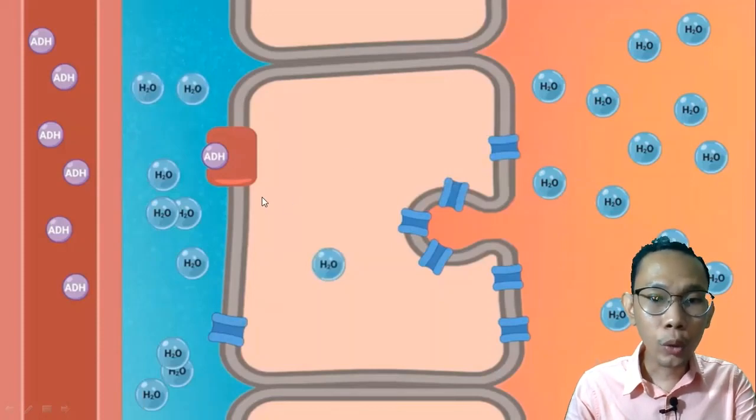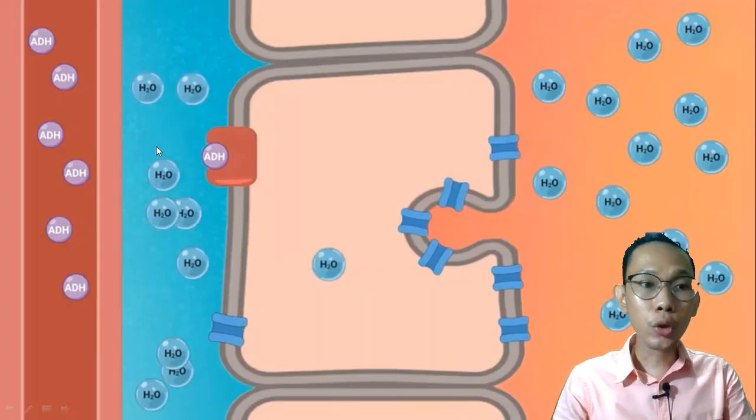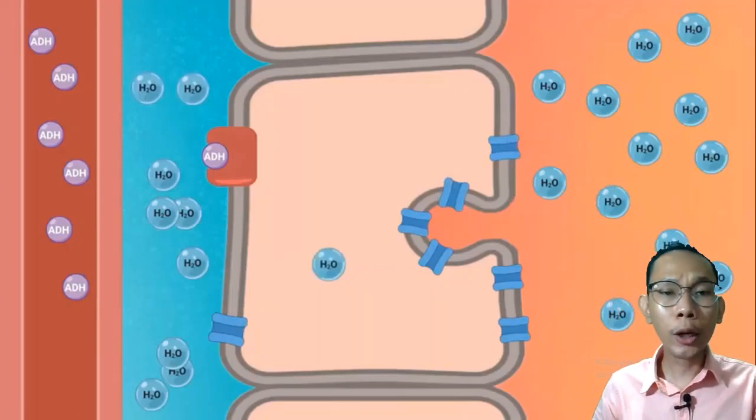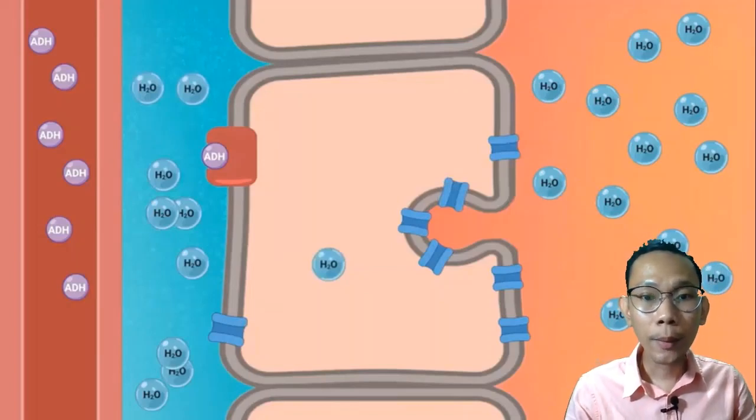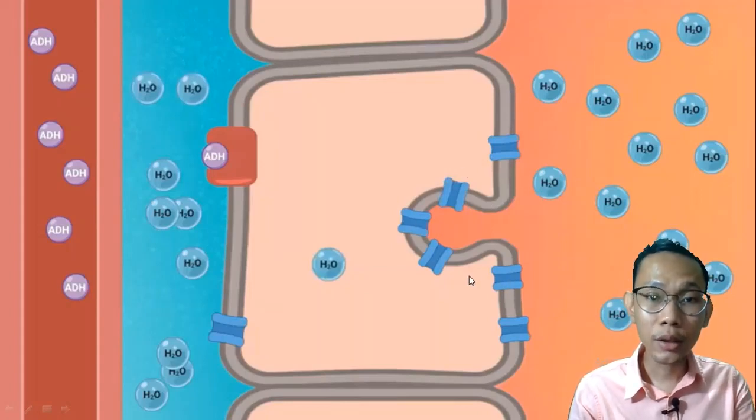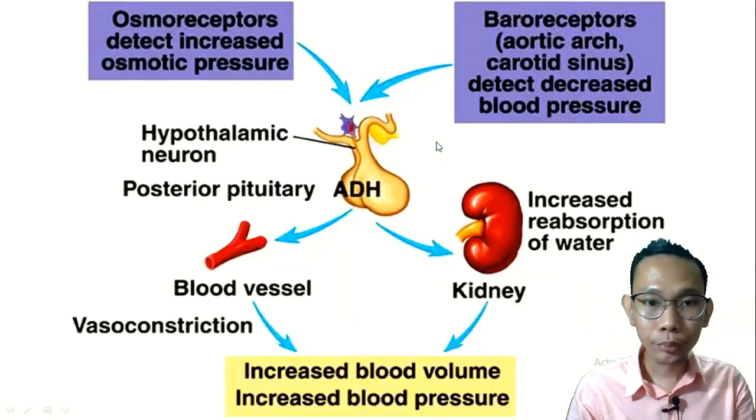And now your water is able to pass through the cell, go to your interstitium, and be used by the body. So in short, the main purpose of your antidiuretic hormone is to conserve water, basically through this aquaporin 2 inserted in the cell membrane on the luminal side of your principal cells.